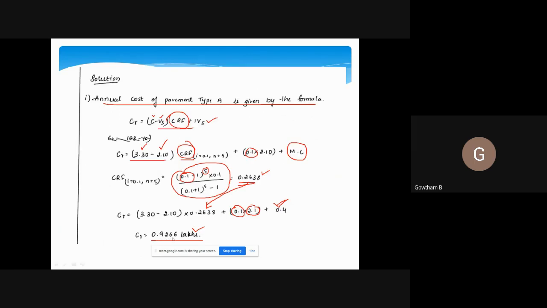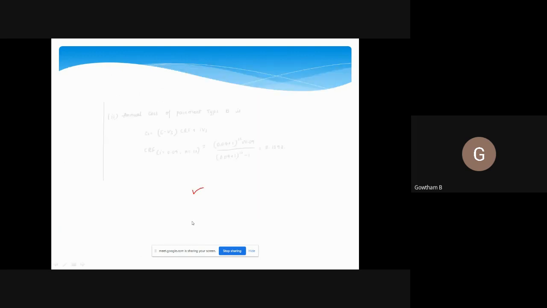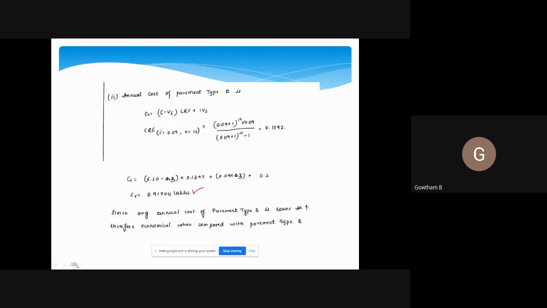For payment type A you have to invest about 0.926 lakh per year, and for payment type B it is 0.917 lakh. By observing both, which is the lesser? This is the lesser, correct?